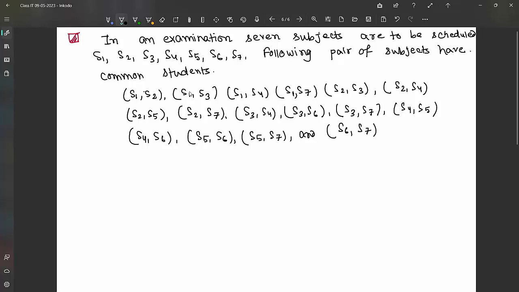So that means you can't set the exam on the same schedule for these two subjects. This is the problem, or constraint.